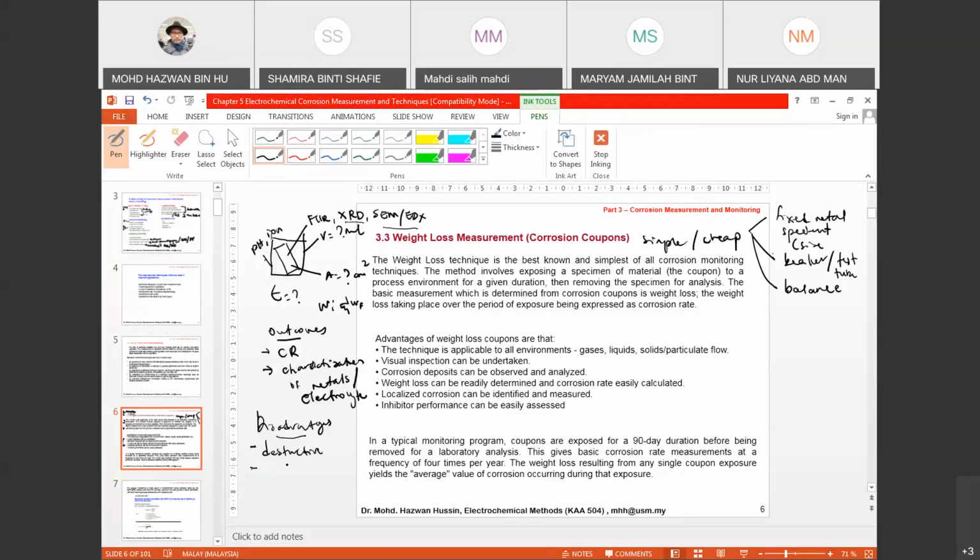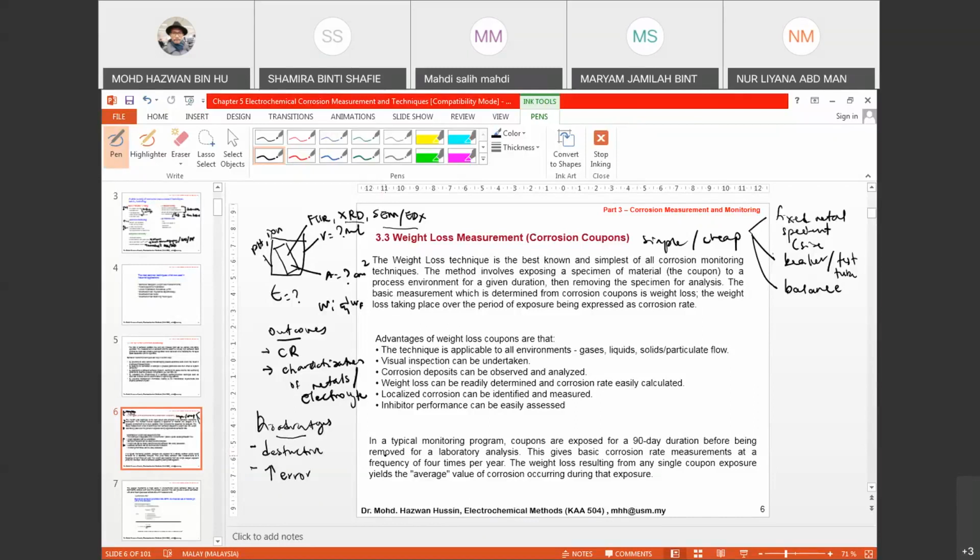Okay, that's also another disadvantage, which is that it has huge parameters, or how to say, high error. Because when you do weight loss, for example, you put the test specimen in a lab or maybe in another environment.